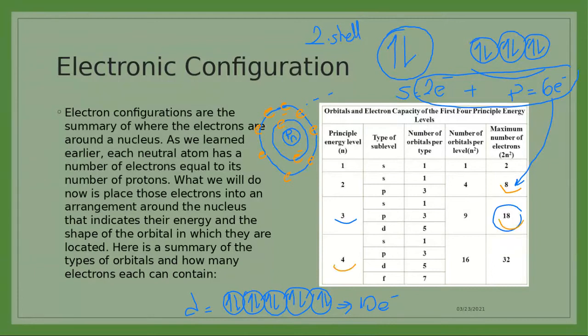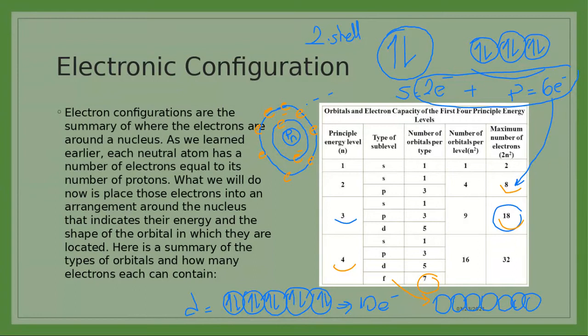The fourth shell has 4 types of orbitals. These are s, p, d, and f, and the f orbital has 7 orbitals: 1, 2, 3, 4, 5, 6, 7.